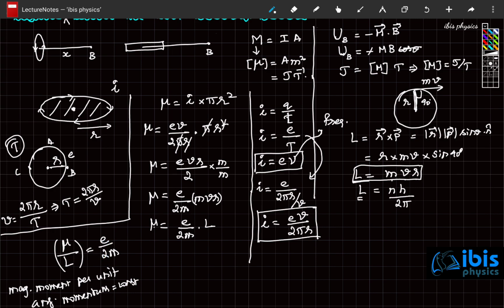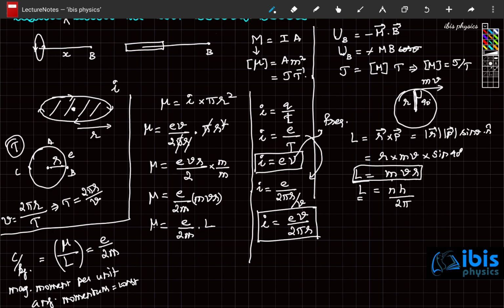Its unit is charge by mass. It is half of the charge to mass ratio. The charge to mass ratio is actually 1.76 into 10 power 11, something like that will come. So it is half of it, so it will be like 6 point something into 10 power 10 coulomb per kilogram. Its unit is coulomb per kilogram.